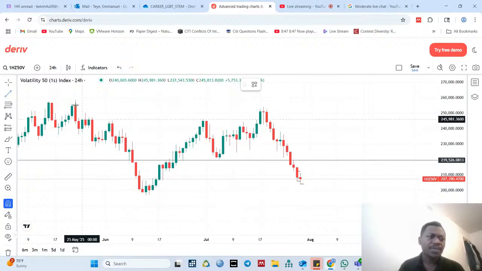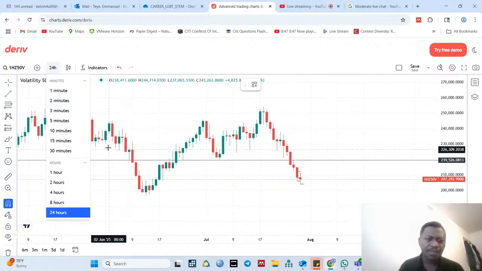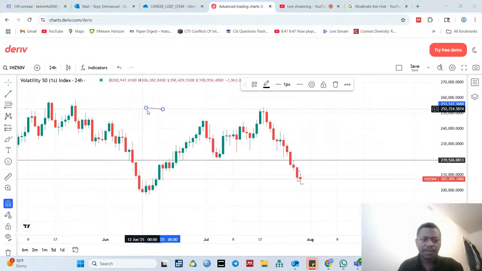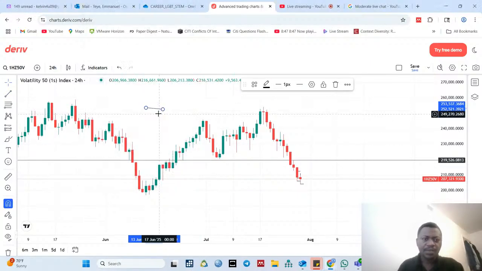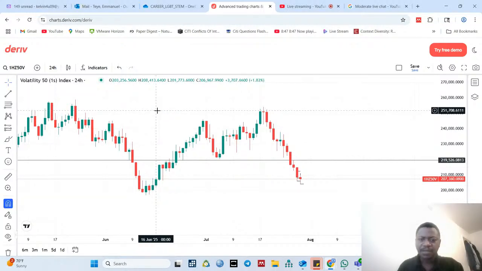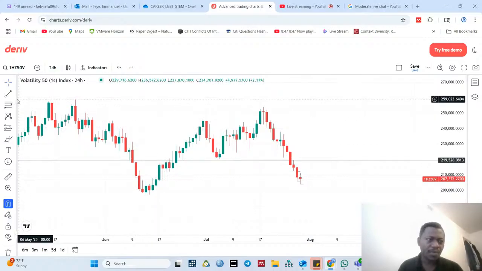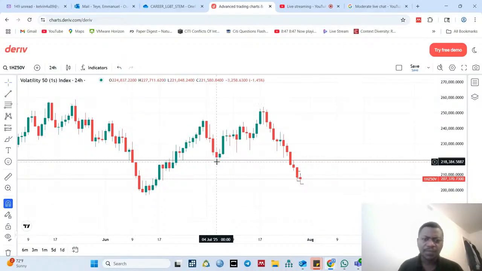So let me go into the 8 hours and see what is happening from the 8 hours perspective. But before I go to the 8 hours, I want to look at where exactly this bearish move is likely to end. Where is it going? What is the destination for this move?